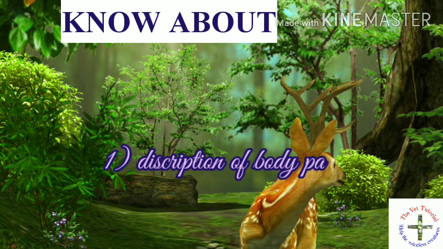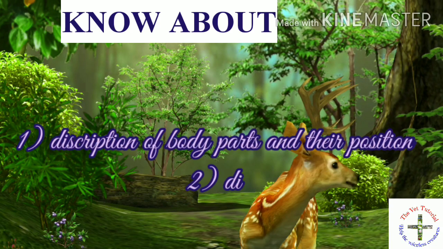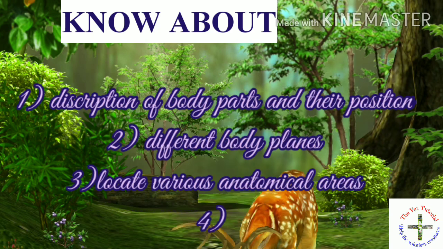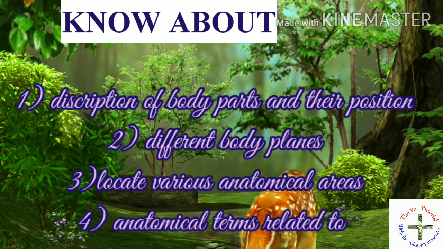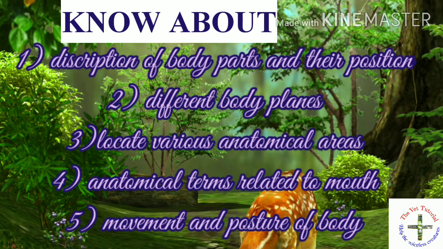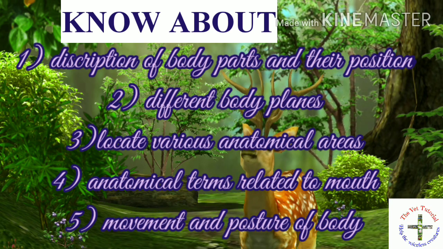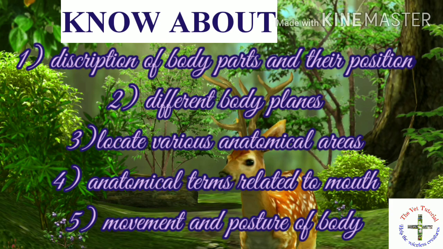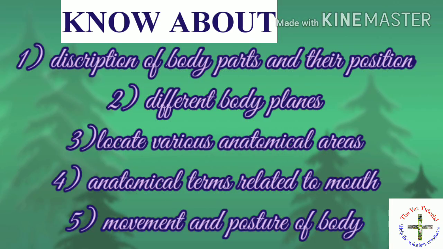At the end of this video, we can clearly understand descriptions of body parts and their relative positions. Also, we can know about different body planes and be able to locate the various anatomical areas on an animal, know about different anatomical terms related to the mouth, and clearly understand movement and posture of the body and divisions of gross anatomy.